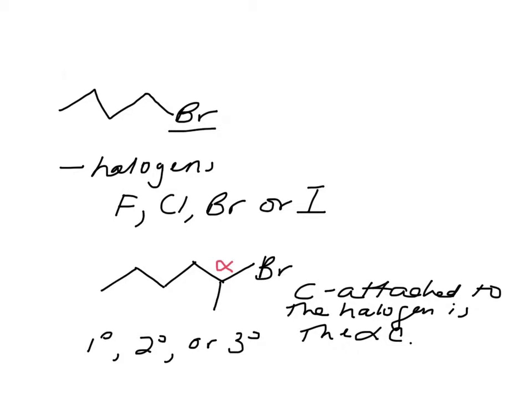And then, as we go out, we have the beta carbon. We can go further and say this is gamma, and so forth. So let's look at a primary, secondary, and tertiary alkyl halide.